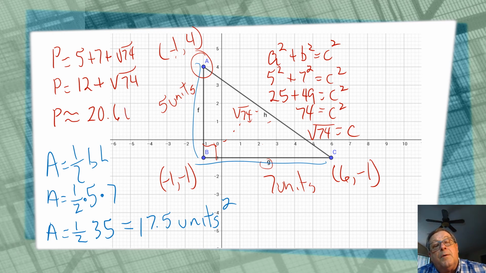And up here, my perimeter is just 20.6 units, although I don't know what those units are.